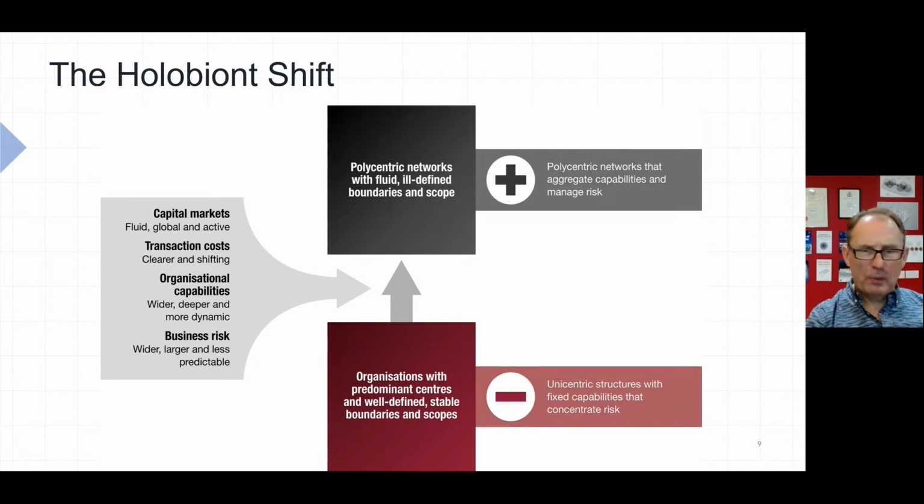I call it holobiont because that's a biological term for an organism that is made of multiple organisms, like a coral reef is a holobiont. Human beings are holobionts because a large part of our function is attributed to our microbiome. And again, this is an example of the environment changing and shifting what the environment favors in terms of business models and what it disfavors.